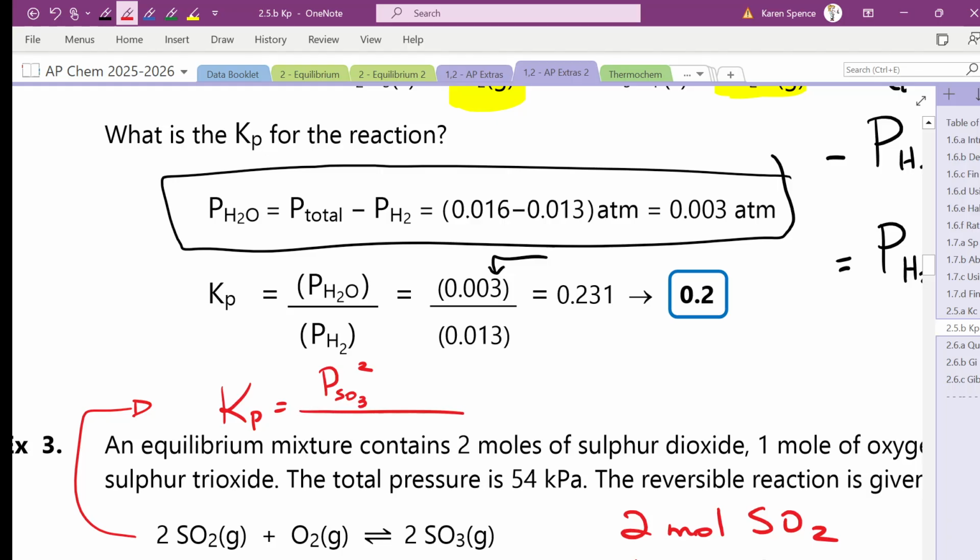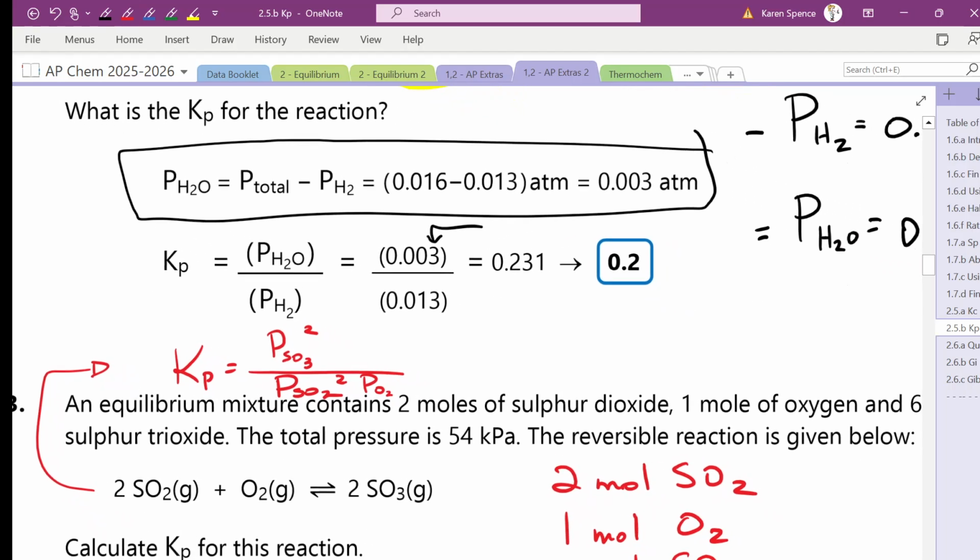It doesn't really matter. And then on the bottom, we're going to have pressure of SO2 squared and pressure of O2. Do we know these pressures yet? No.